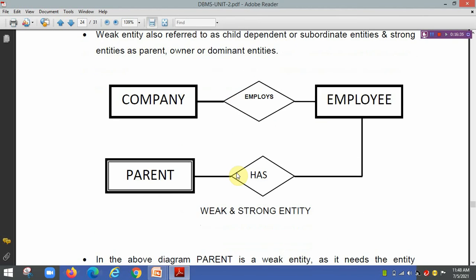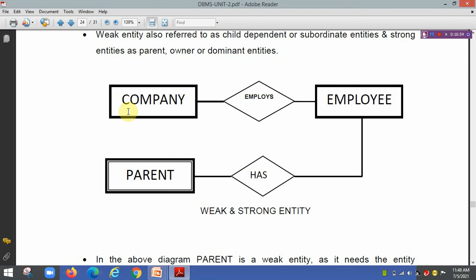So in this example, three entities are there: company, employee, parent. Company employs employee. That means the employee is employed in the company, or works in the company.